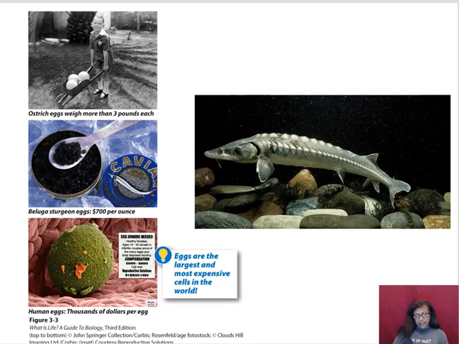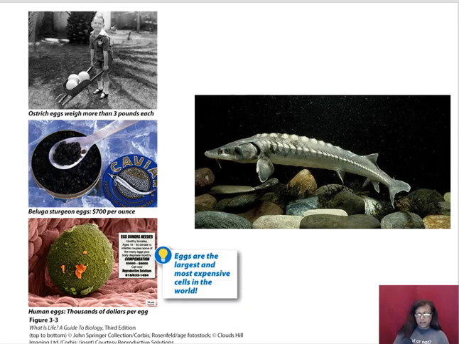And we can see that you don't have to actually work in a lab and use a microscope to see cells in action, right? You could open your refrigerator and you probably have eggs in your refrigerator. That's a cell, right? And it turns out cells are actually one of the most valuable objects on the planet.